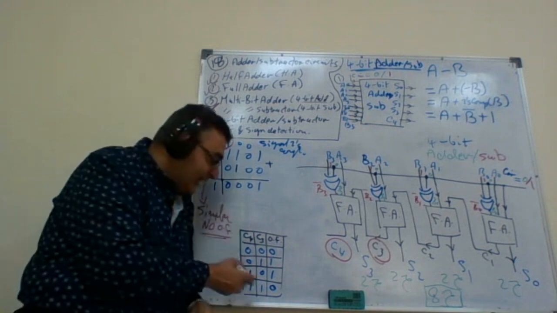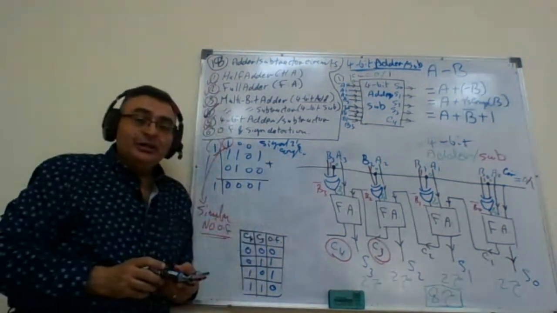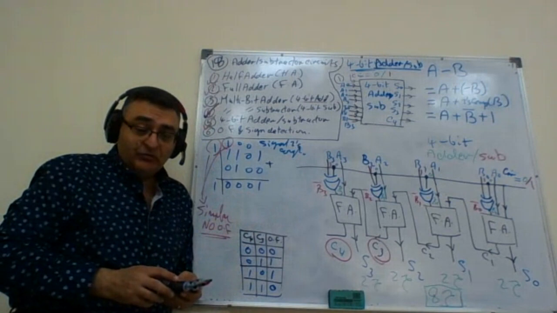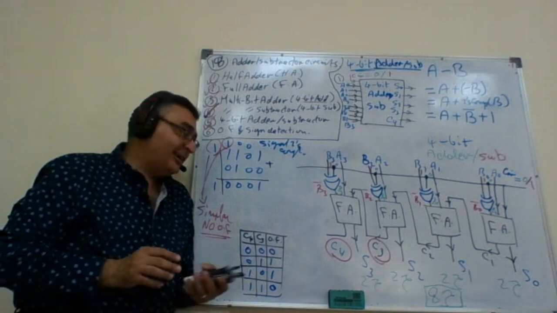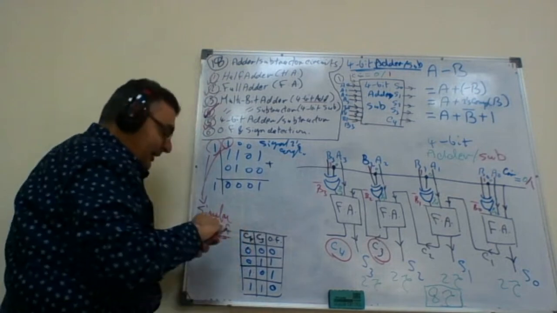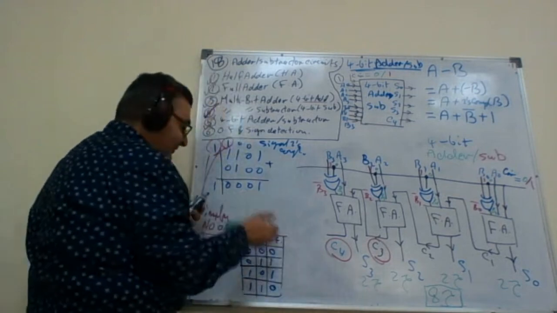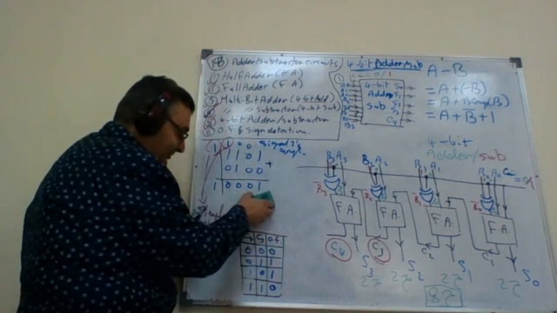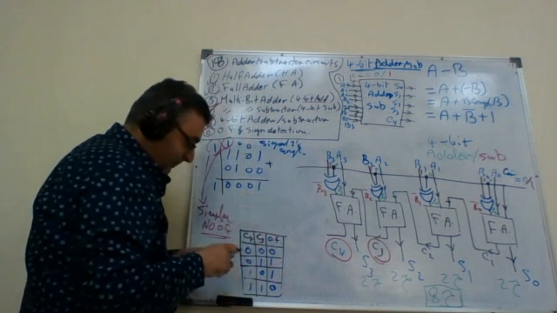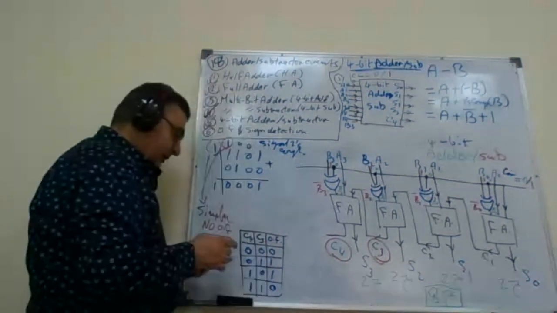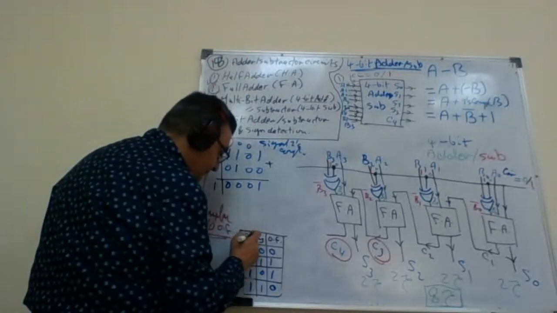What is the logic gate that I have to put here in order to detect the overflow for signed 2's complement? The gate is simply another XOR.